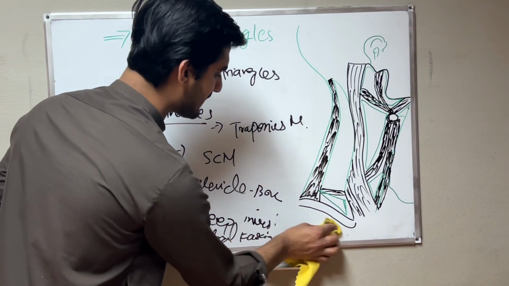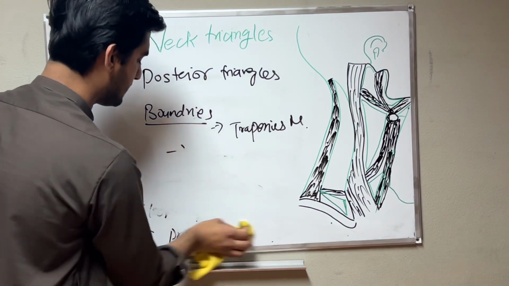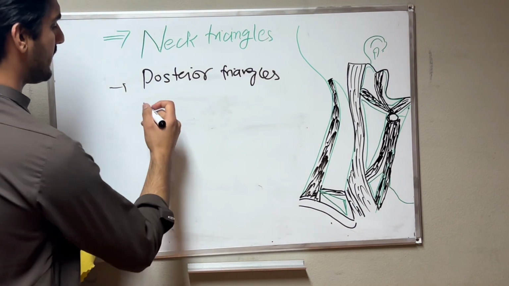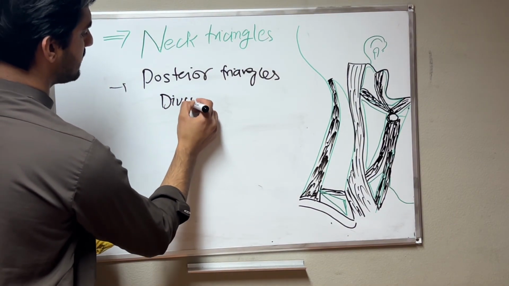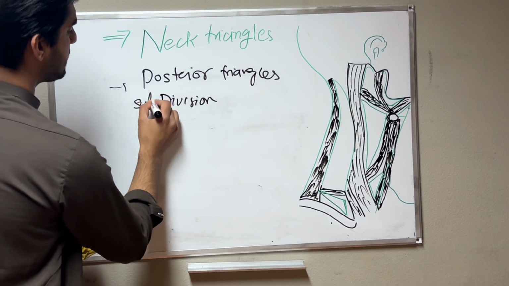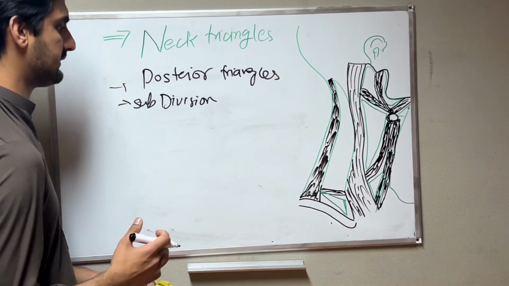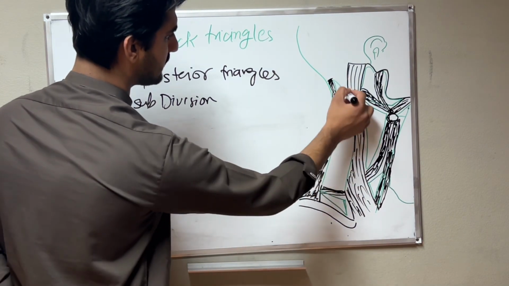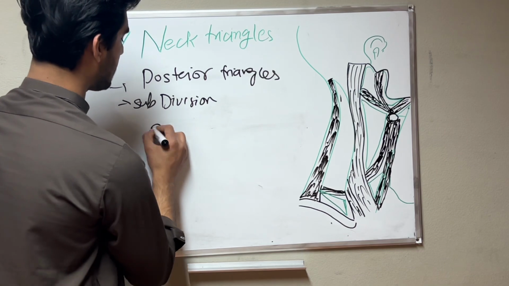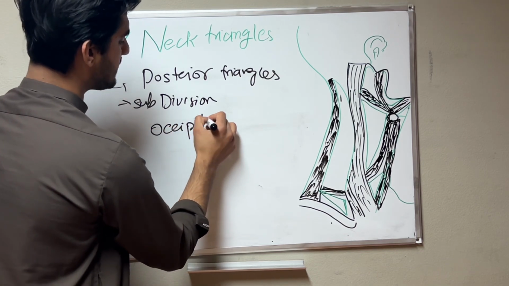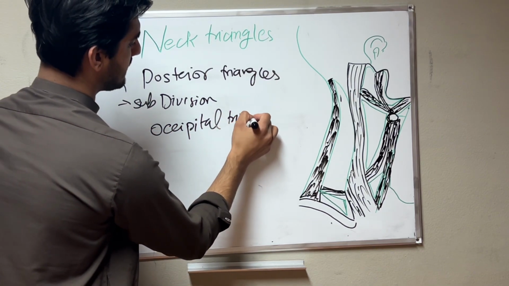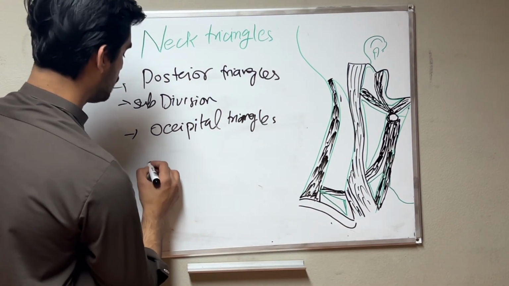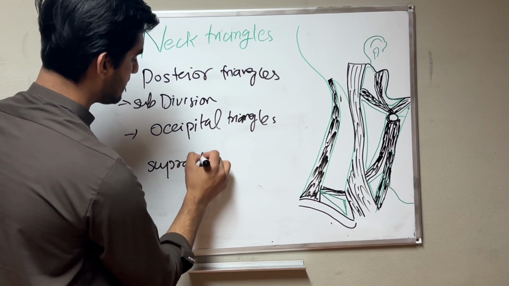Then the posterior triangle is divided into two triangles. Now the subdivision: first, this one is the occipital triangle. Second, this one is the supraclavicular triangle.